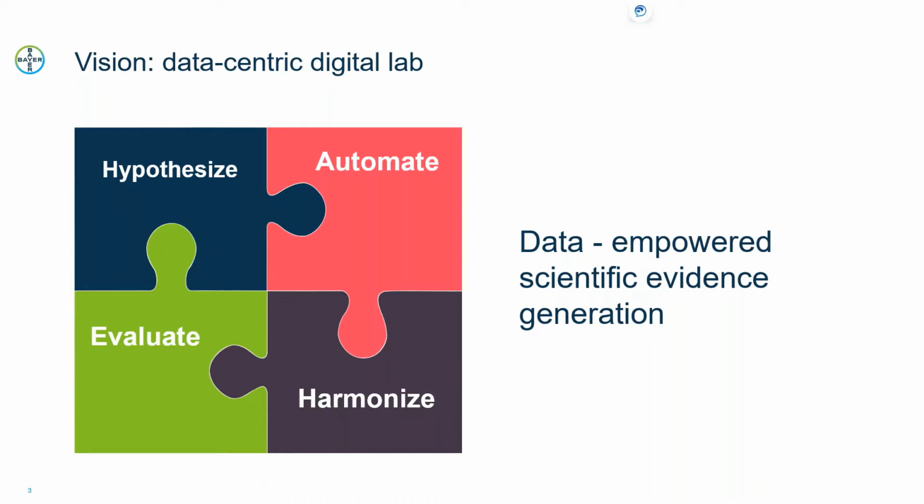Starting with a hypothesis before an experiment, going on with automating scientific experiments, harmonizing data, and then in the end evaluating, where the evaluation leads into a repurposing for the next hypothesis. Through this data-empowered scientific evidence generation, the present project is one example of that.